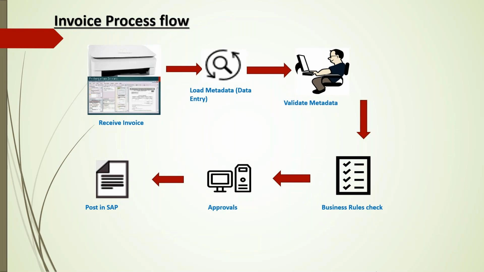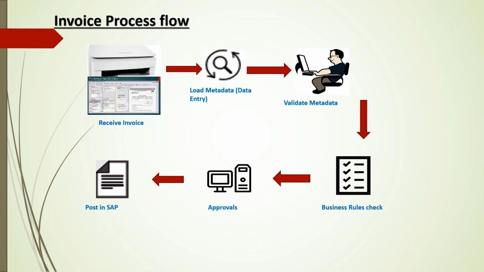Then somebody would validate the data. The first part is validating that the information added on the screen is correct and matches the invoice, and that it has the correct master data, like GL accounts, cost centers, purchase order numbers, etc. Are those correct or not?